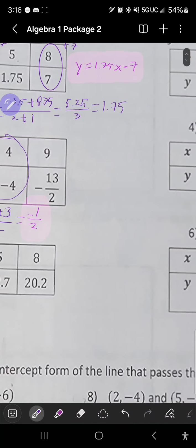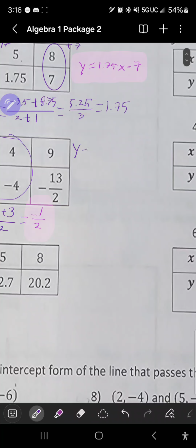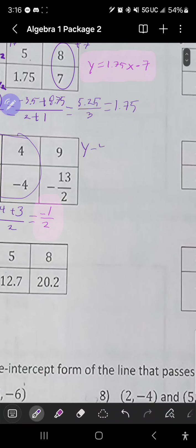And now we can use the equation, which is going to be y minus 4, why not, equals -1 over 2 times x minus -4. Now, y minus 4 equals, minus and minus is positive, so -1 over 2. I keep this still in the parentheses, for x plus 4.